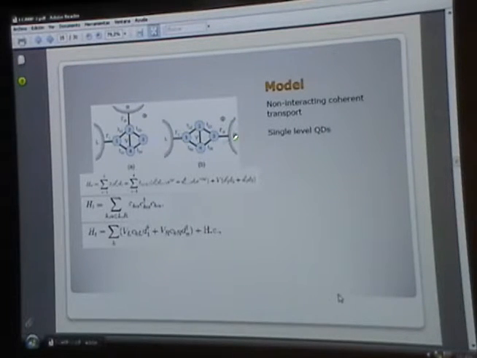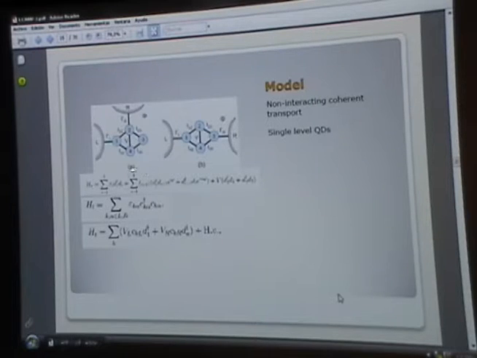If I have a magnetic field that produces effects on the conductance, on the transmission, I can turn a knob to change the magnetic field, and then I should produce changes in the current. The device could also be used to measure magnetic fields, because if I have a current between the electrodes, any fluctuation in the magnetic field would produce effects on the current. So it could be a magnetometer also.